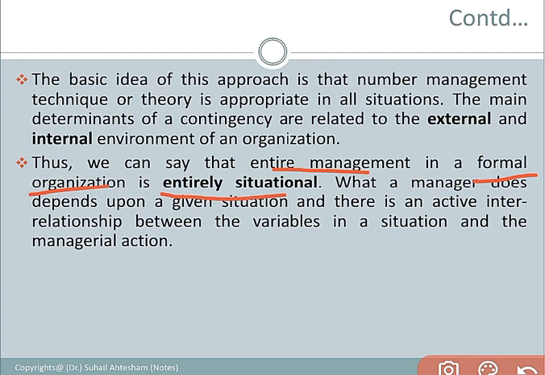So what a manager does depends upon the given situation, and there is an active interrelationship between the variables in a situation and the managerial action.